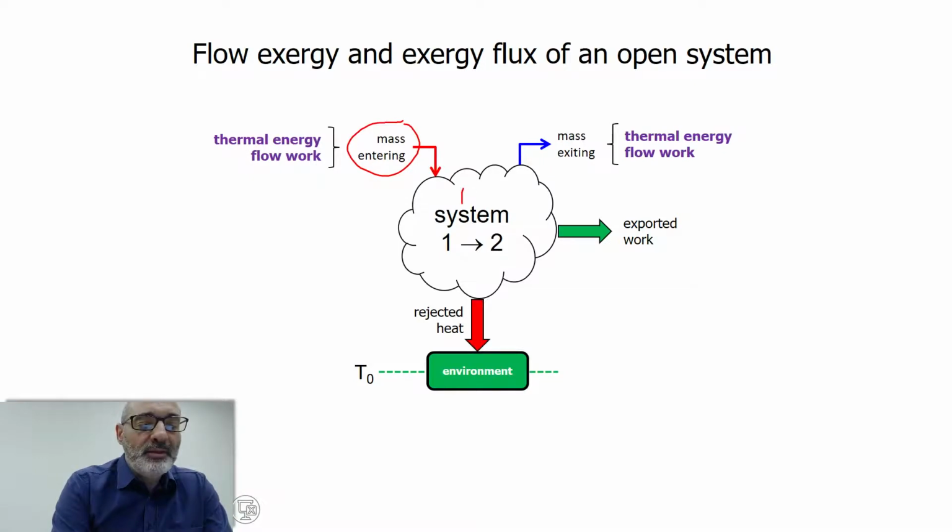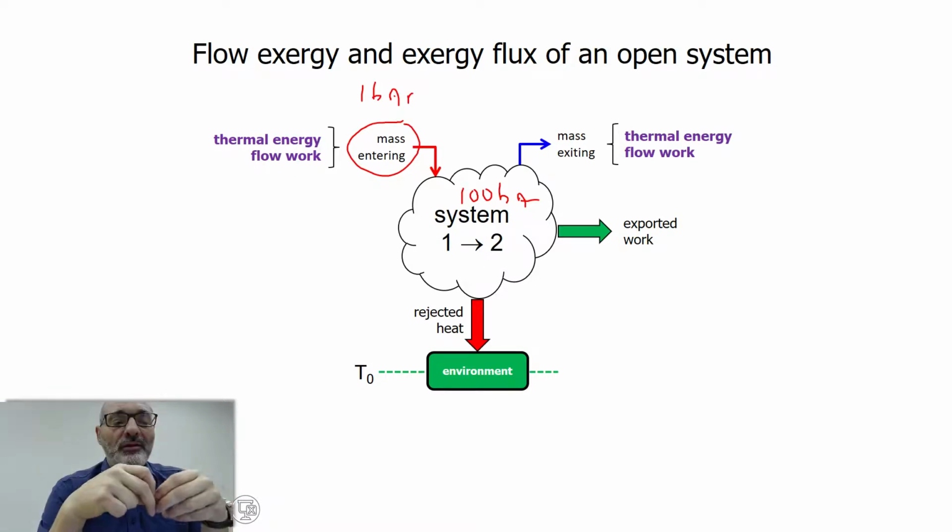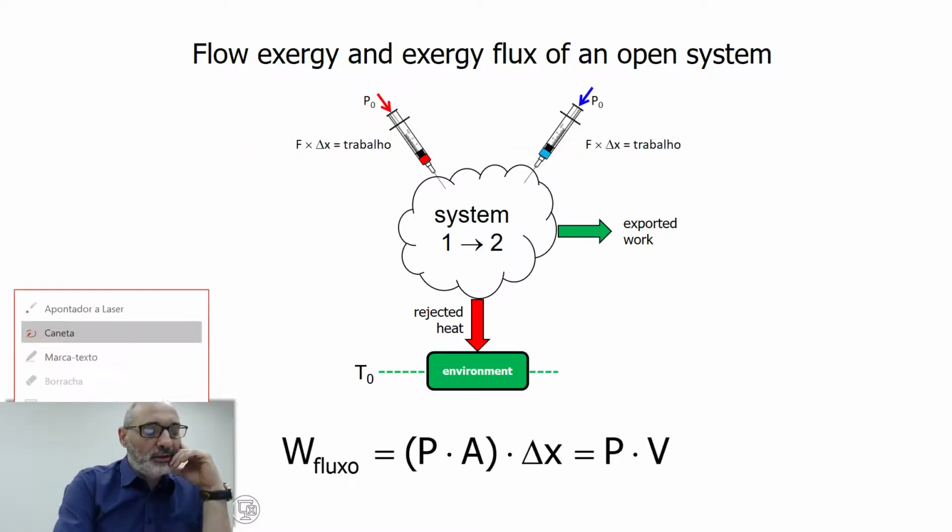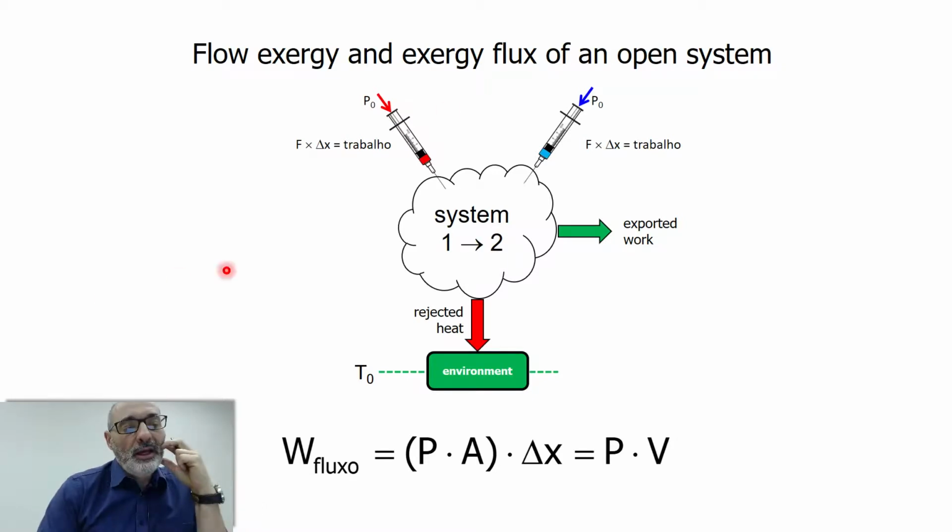So the system may be at 100 bar, and outside of the system we may have 1 bar. So I have to apply a certain amount of force in order to inject this amount of mass into the system. So that's why I use these two syringes, okay? And to inject the amount of mass inside the system, I have to apply a force F times the displacement, which will correspond to this volume in red here, and F times displacement equals work.